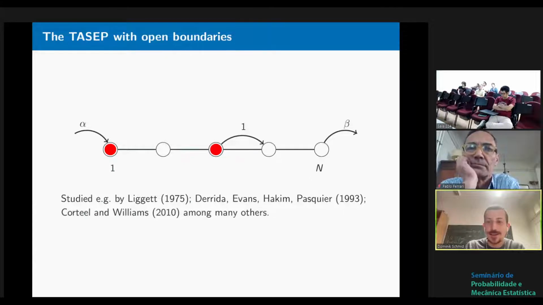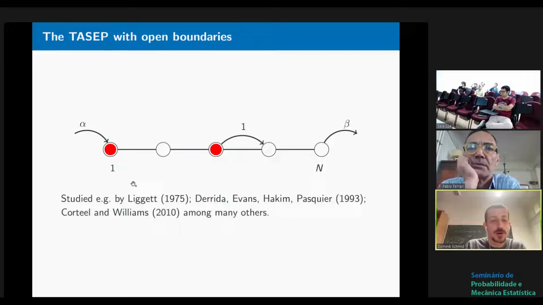But actually, let's now slightly change the boundary conditions. This is the second model I'd like briefly to mention, and this is the TASEP with open boundaries. So the totally asymmetric simple exclusion process, where in addition, particles can enter at the left-hand side at some rate alpha and exit at the right-hand side at some rate beta.